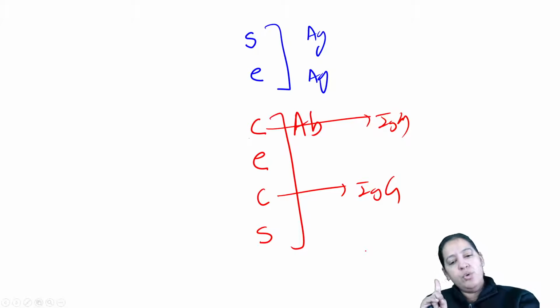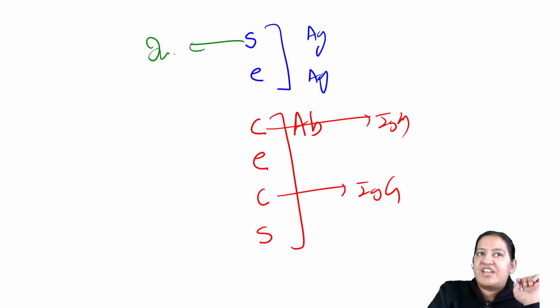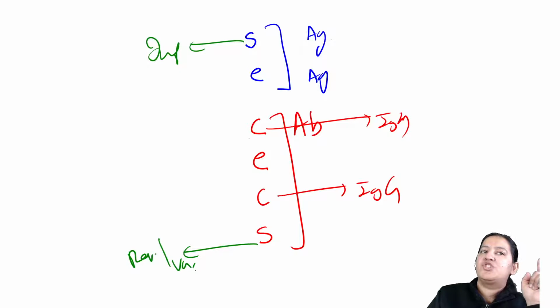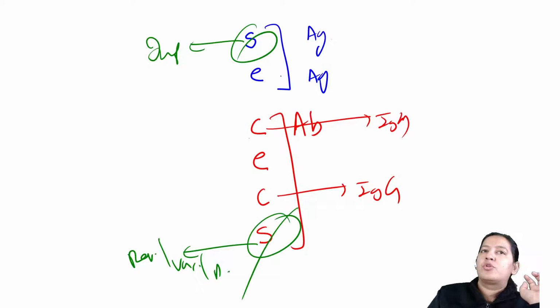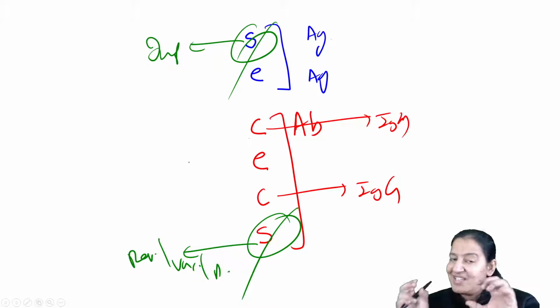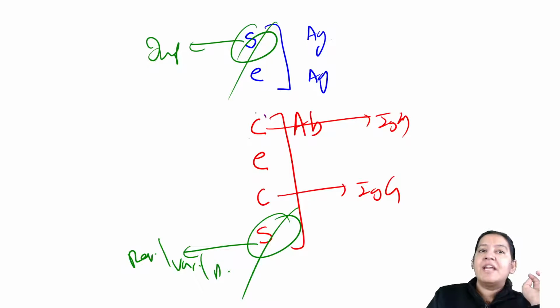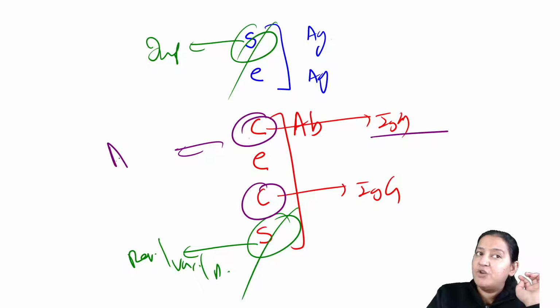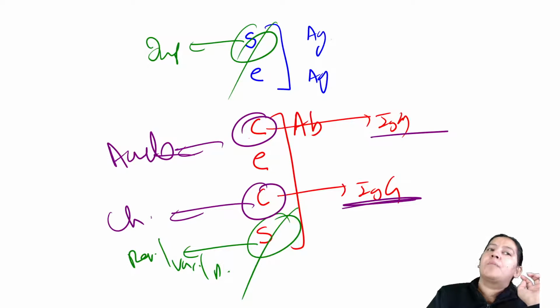I have told you the significance for each of them. S antigen indicates infection, and its antibody indicates recovery or vaccination or protection. Take this pair and cancel it out. Antigen indicates infection, antibody indicates recovery. Take the second pair, C: IgM indicates acute or recent infection, and IgG indicates chronic or past infection.